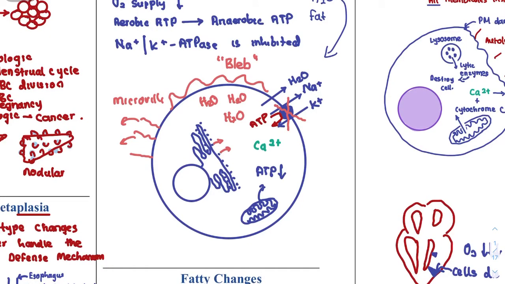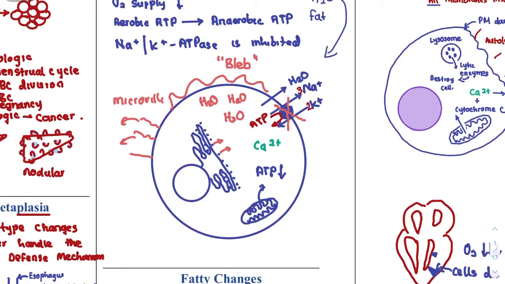Then when the ATP is decreased, it's going to inhibit the sodium potassium ATPase pump. This is a pump where 3 sodium are kicked out and 2 potassium are taken inside the cell at the expense of ATP. So this is a very important thing.